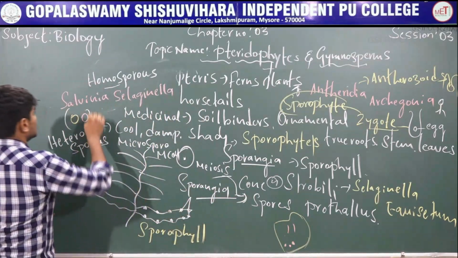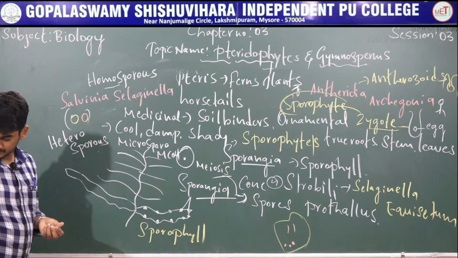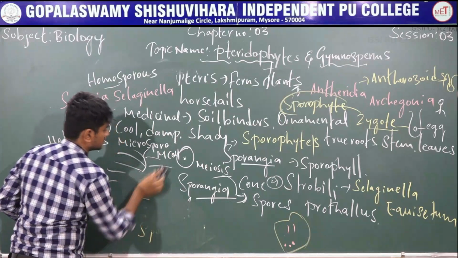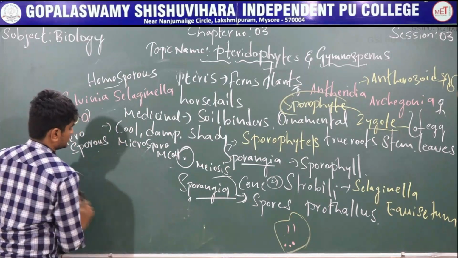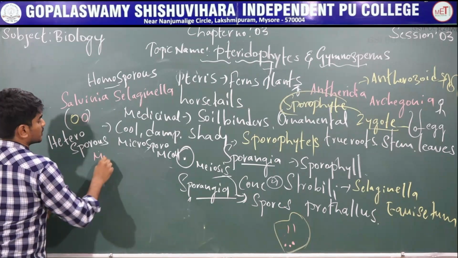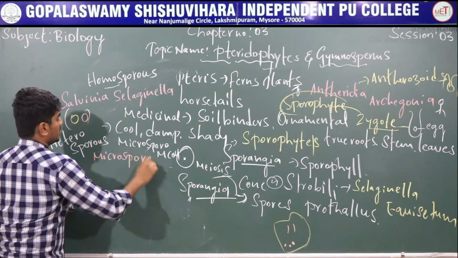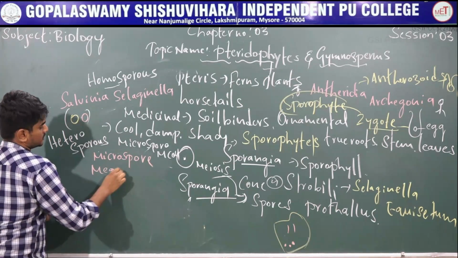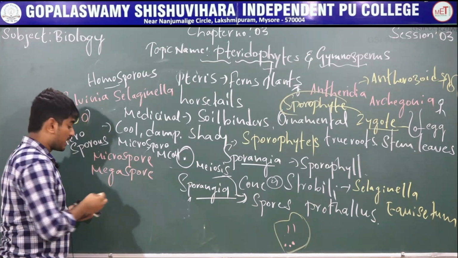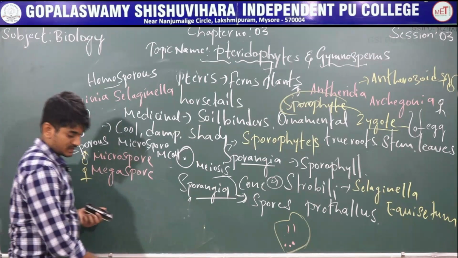Yes, both the microspore and megaspore give the male and female gametophyte respectively.